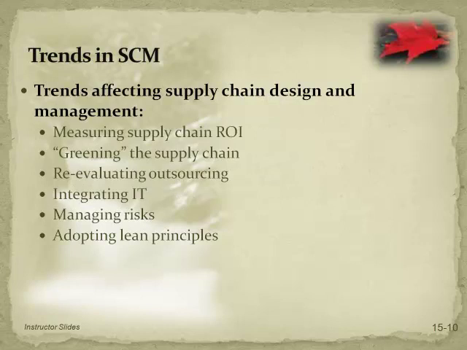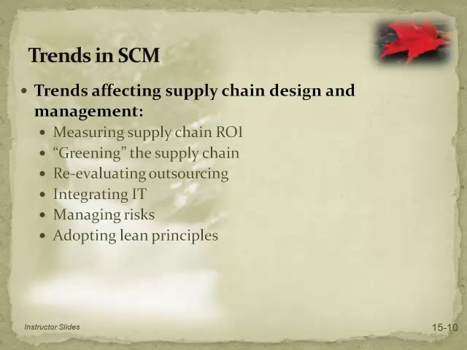So here are some trends that have been taking place in supply chain management, and there are other trends besides what's shown right here. First is trying to optimize the entire supply chain from a return on investment point of view. So what works best in supply chains is when all the parties in the supply chain are profiting.